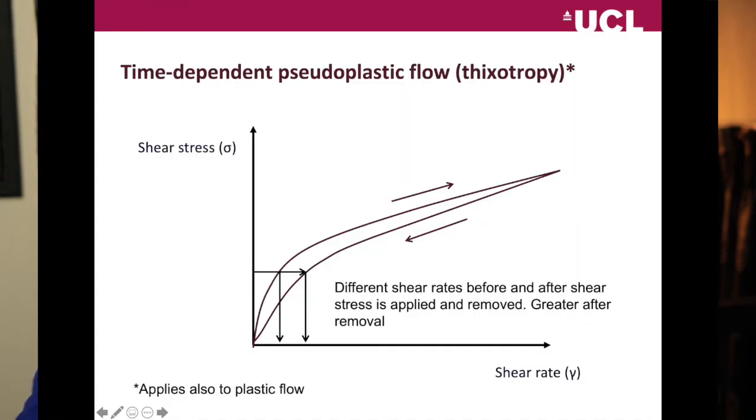I hope you can see from the graph in front of you that on the way up the material is flowing at a particular shear rate, doesn't matter what it is, but on the way down at the same shear stress the material is flowing faster because the shear rate is higher. So what that's saying is for the same shear stress that's being applied, on the way down the material is moving faster than it was on the way up. And the reason is because it's shear thinned. It's shear thinned because you've broken bonds and those bonds haven't reformed. And so the material remains thin.